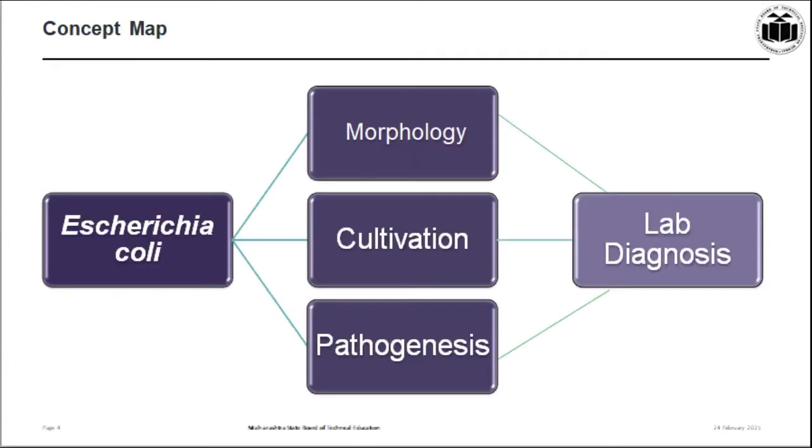What I just told about, the concept map, is regarding E. coli. The whole E. coli morphology, cultural characteristics, pathogenicity and lab diagnosis we are going to discuss in today's lecture.